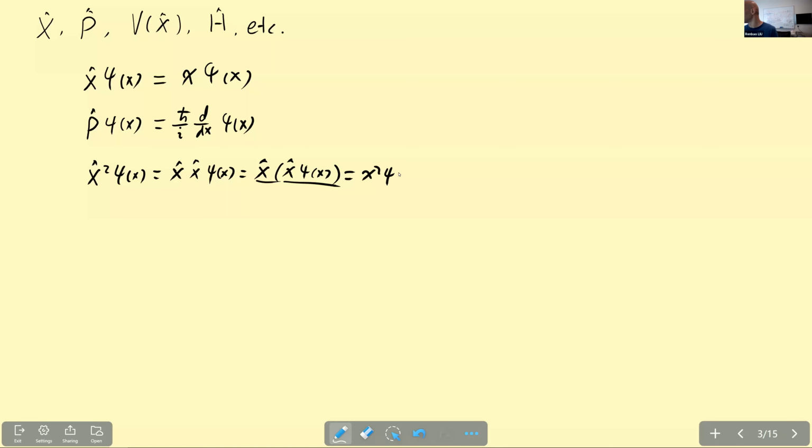Very similarly, you can have the x cubed operator acting on this one. It should be just x cubed plus x. You can continue this and generalize it to all kinds of powers.